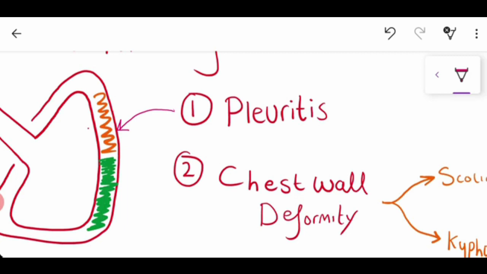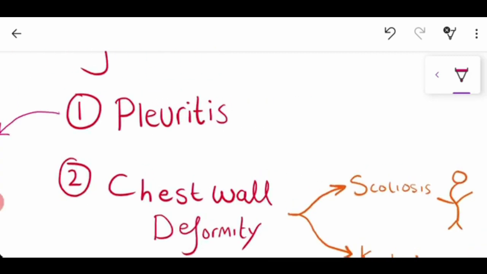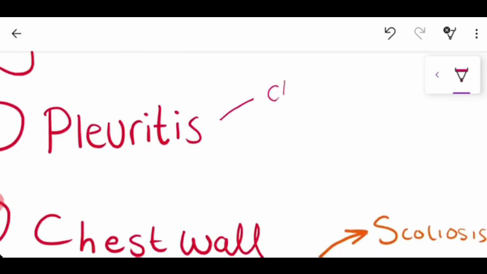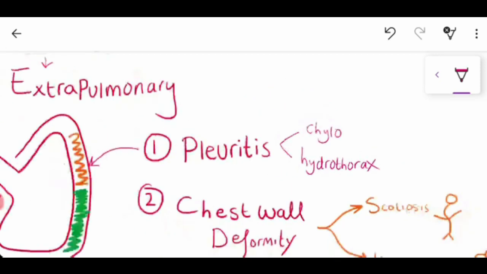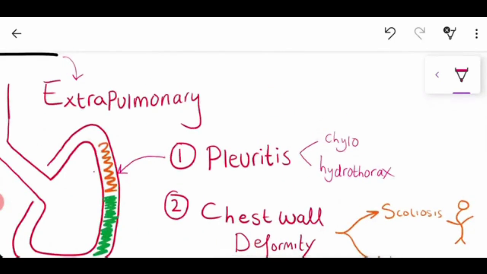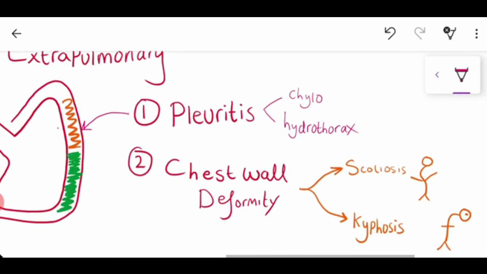You'll see this in the colloquium as well. It talks about things like chylothorax or hydrothorax, anything within the pleural cavity. Regard it as extrapulmonary restrictive disease. It's restricting your ability to take in oxygen.